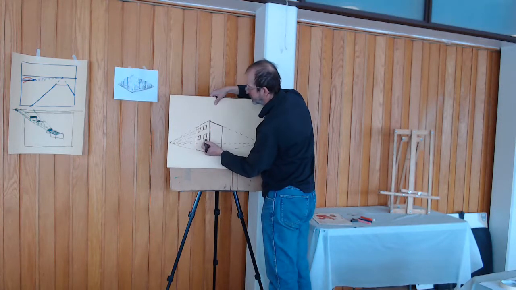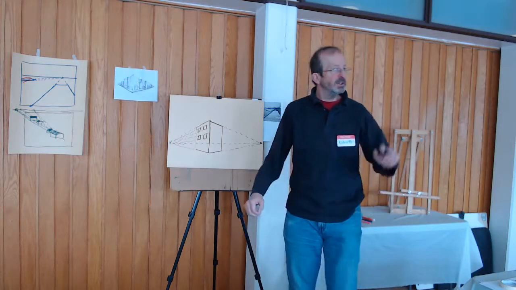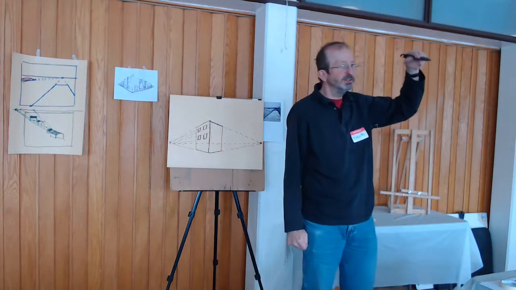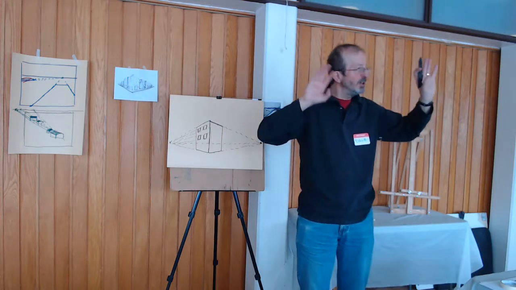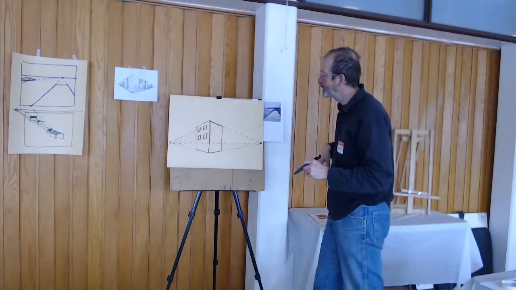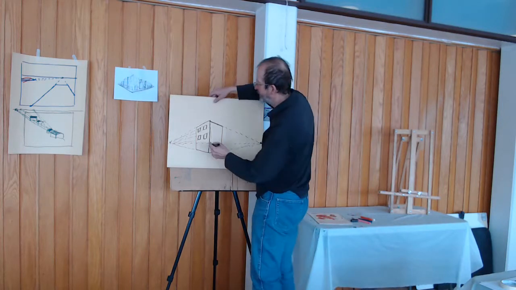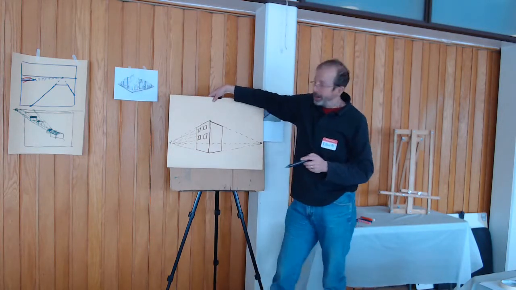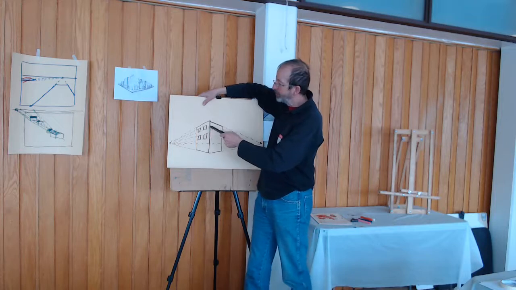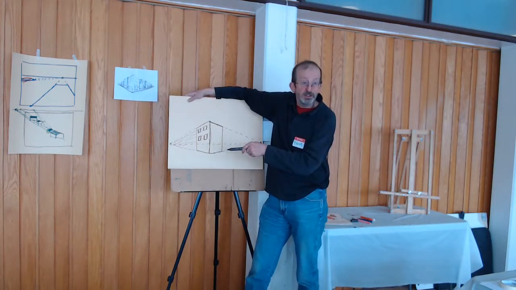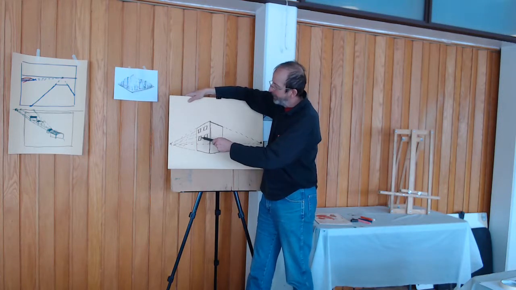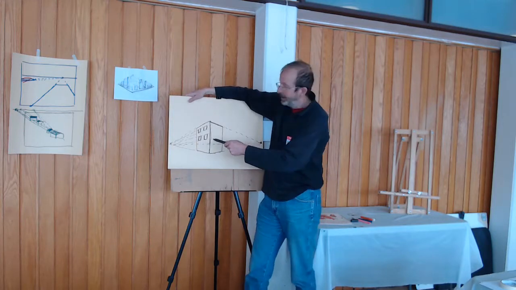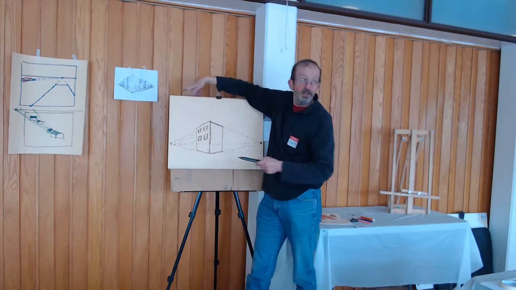Cool, eh? And I tend to do things freehand because they look a little higgledy. They don't look too engineered, right? I like them to look a little bit higgledy-piggledy. But I will point out one thing here, and I don't want to go through the entire construction, but there is a construction for this if you want. If you think about it, this window that is further away is going to be smaller than this window, which is a little bit closer to you, right?